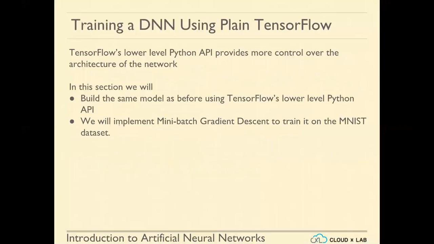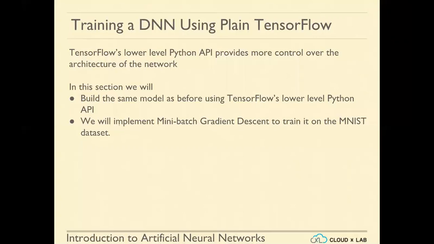TensorFlow's lower level Python API provides more control over the architecture of the network. So TensorFlow gives you entire control of creating anything. If you don't like an existing neural network, you can actually create your own. It's not necessary that you only use existing kinds of neural networks; you can entirely create your own.